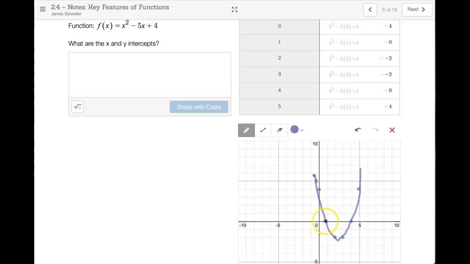I can still see my x-intercepts. My x-intercepts are here at (1, 0) and (4, 0), and my y-intercept is at (0, 4), and all that information I can tell from the points before I even go there. So again, x-intercepts (1, 0), (4, 0). Oops, let me fix that.